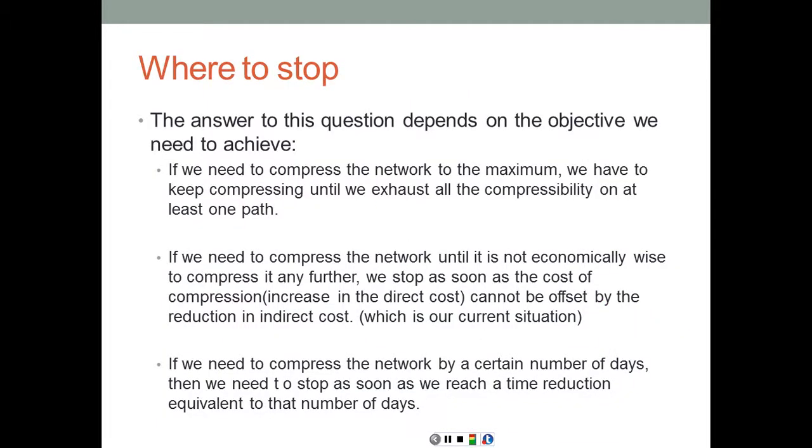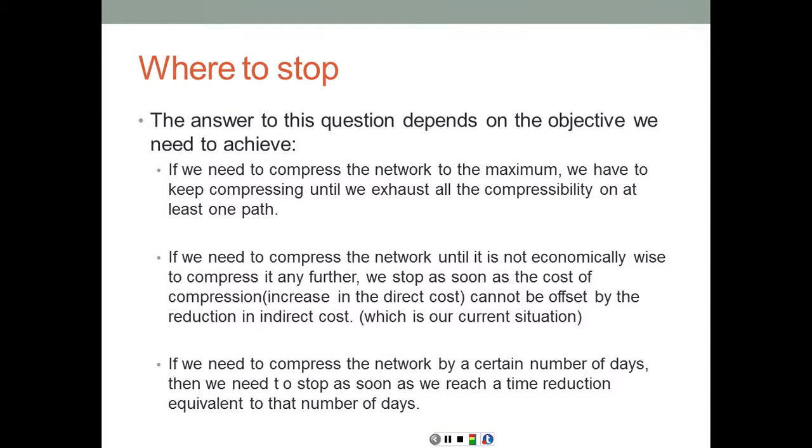Where to stop? The answer to this question depends on the objective we need to achieve. As you remember, we mentioned in class that the compression question can be asked in one of 3 different ways. One of them is compress the network to the maximum until it cannot be compressed any further. Another one is compress the network until we reach the lowest cost point.